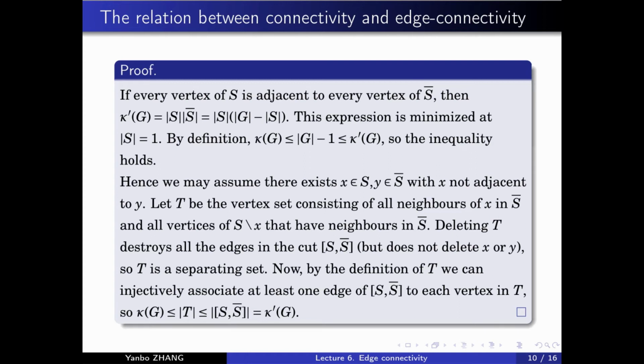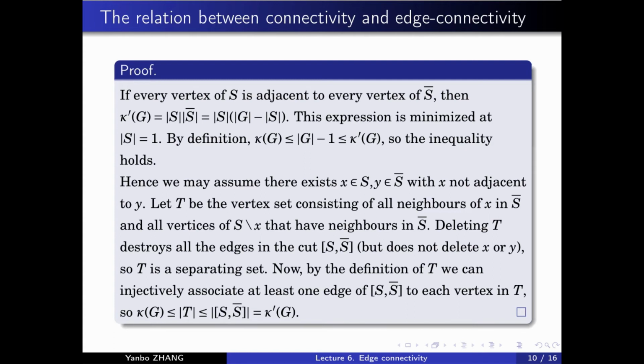Hence, we may assume there exists x belonging to S, y belonging to S bar, such that x is not adjacent to y. Let T be the vertex set consisting of all neighbors of x in S bar, and all vertices of S except x that have neighbors in S bar. This is a small trick.